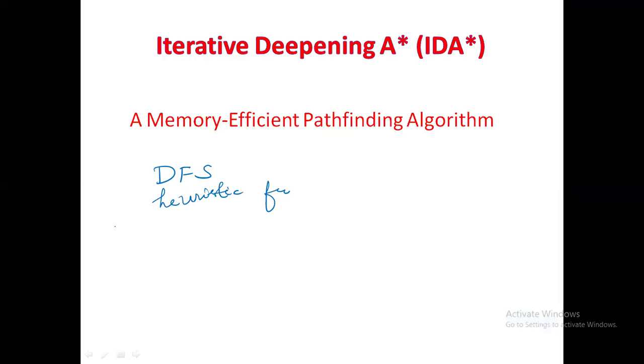IDA star incrementally increases the search threshold based on the F score, that is the sum of the actual cost and estimated cost, and prunes the paths that exceed this threshold. This minimizes the memory requirement while still ensuring the discovery of the optimal solution. This makes IDA star particularly useful for solving large scale problems where memory efficiency is a priority.